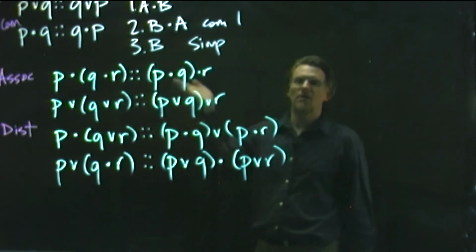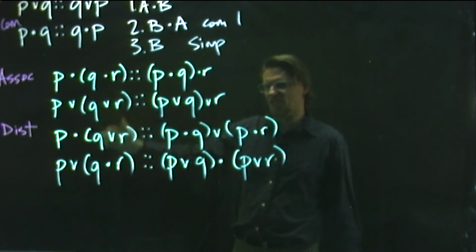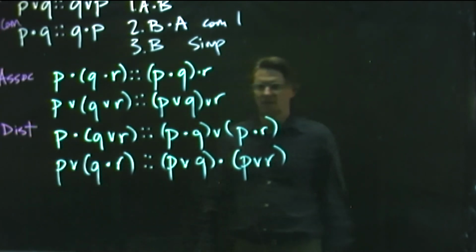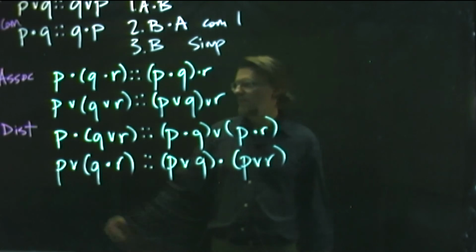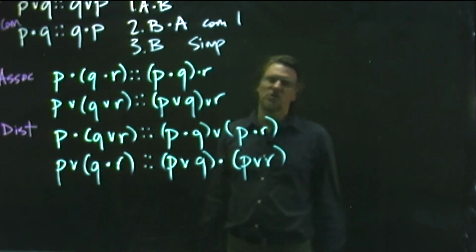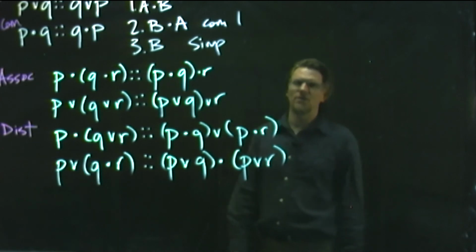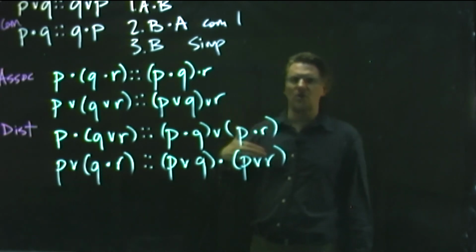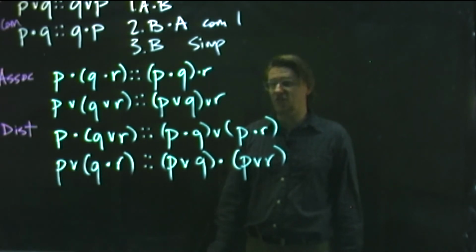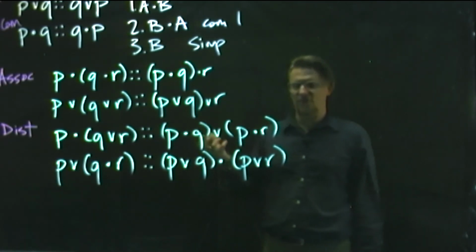Distribution, of course, begins with the letter D. D is for different. Different operators, dot and wedge, different. So they look very similar to one another, but if you can think of associativity as all dots or all wedges, that will hopefully help you keep it straight from distribution with its D for different.